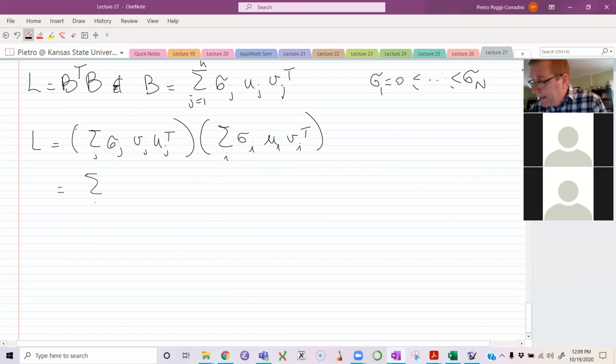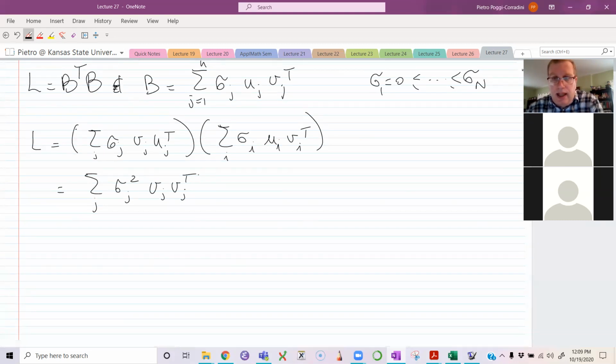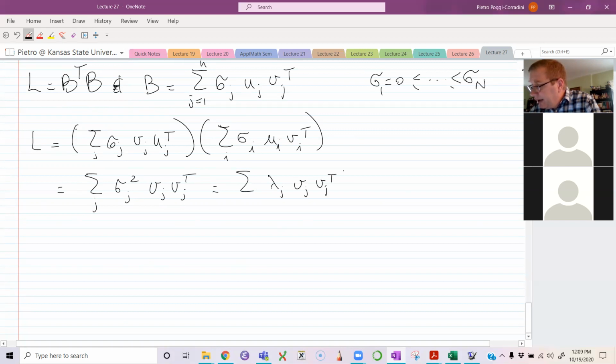So you immediately get the diagonalization for L. And if you write lambda_j for the eigenvalues of the Laplacian, then lambda_1 is going to be sigma_1 squared, which is 0.